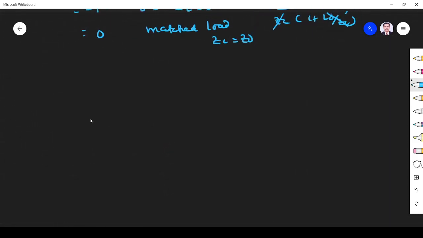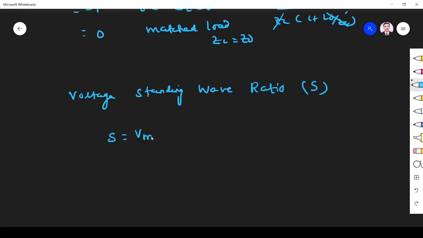Next, we have to study the voltage standing wave ratio, which has the symbol S. S is given by V max by V minimum, that is the voltage maximum to the voltage minimum, or current maximum to current minimum.